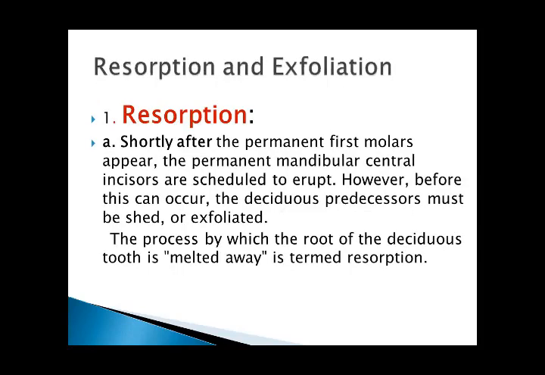Resorption and exfoliation. What is resorption? Shortly after the permanent first molars appear, the permanent mandibular central incisors are scheduled to erupt. Before this can occur, the deciduous incisors must be shed, or exfoliated. The process by which the root of the deciduous tooth is melted away is termed resorption.